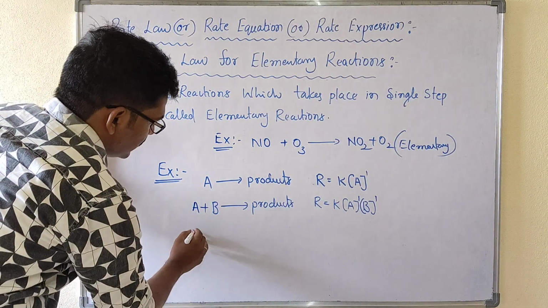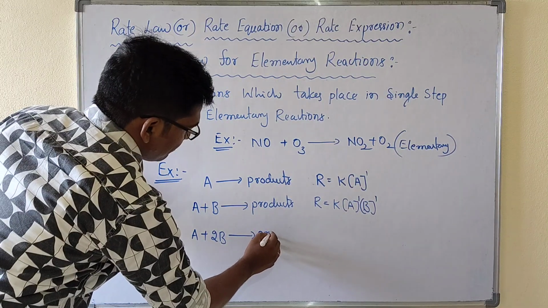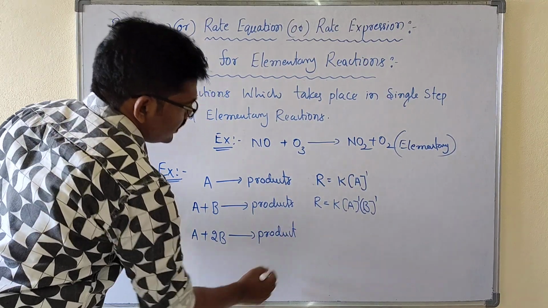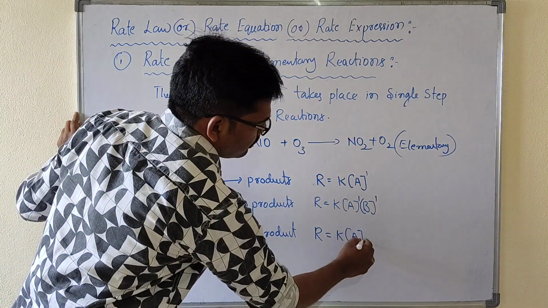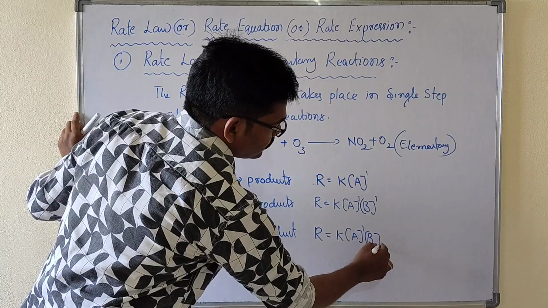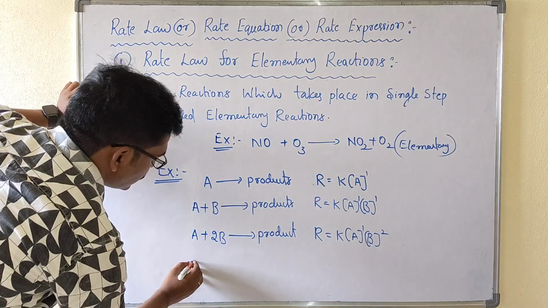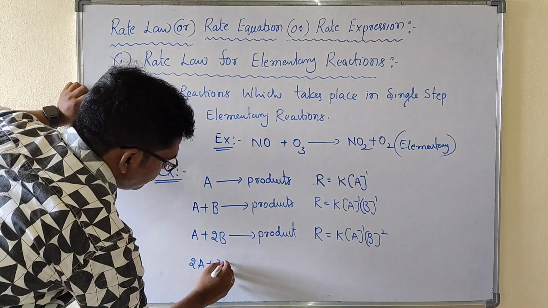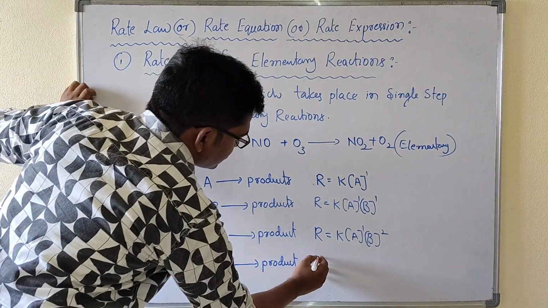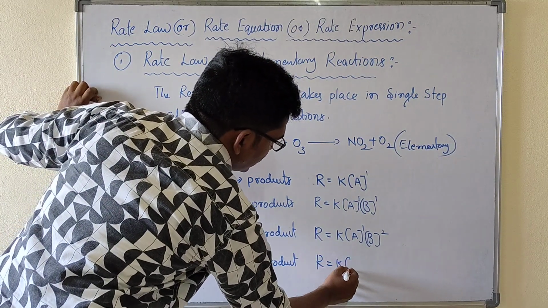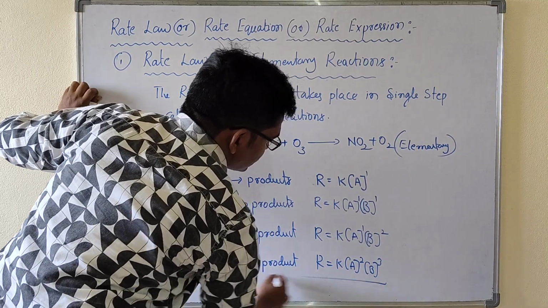For example, A plus 2B gives rise to products. Then R equals K into A to the power 1, then B to the power 2, because the stoichiometry coefficient is 2 there. Then one more, 2A plus 3B gives rise to products. In this case R equals K into A power 2, then B power 3. So you can take it like this.